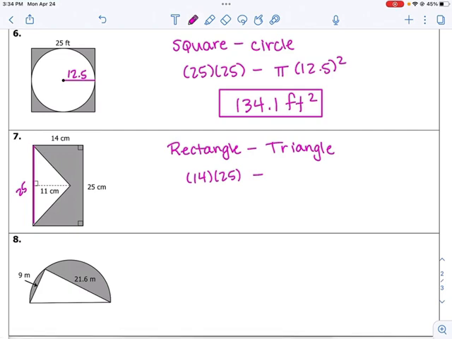So we would need to subtract out that empty space because we want the shaded. So since the triangle is the empty space, we would subtract out that area. So if we take 14 times 25 minus 1/2 of 25 times 11, we would get 212.5 square centimeters.